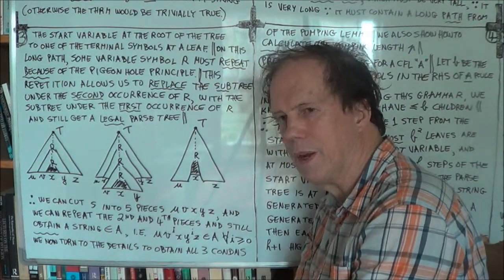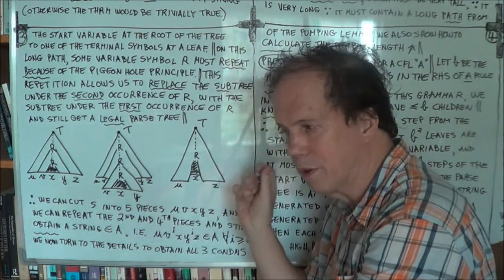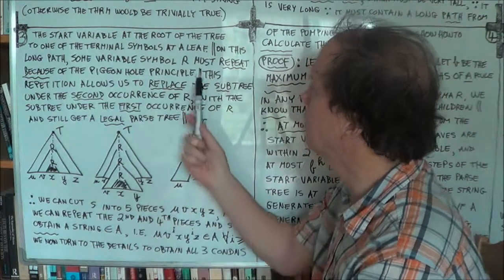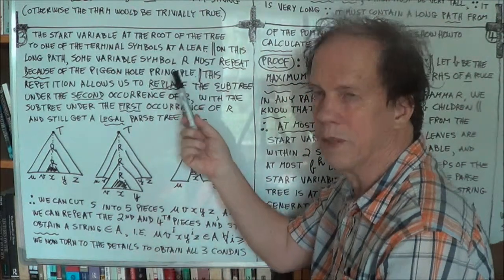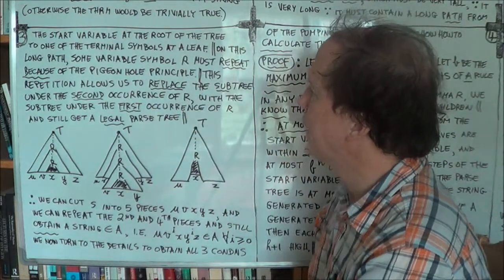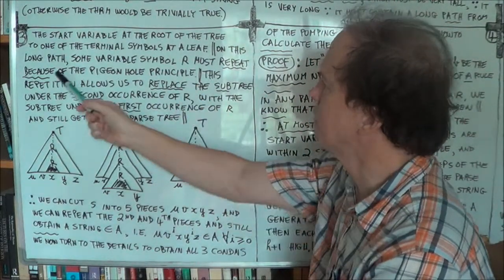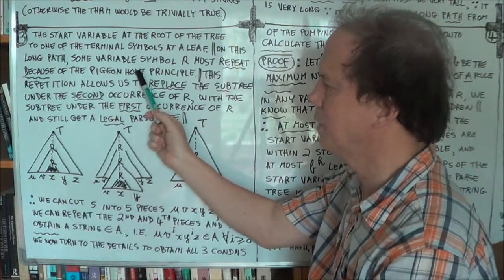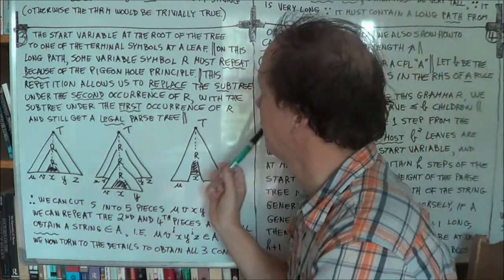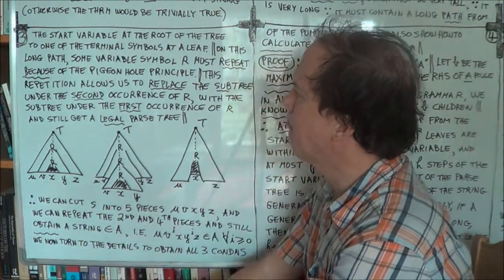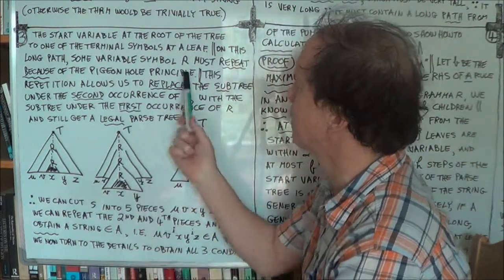That has to be, and we'll prove that. Now call that variable that is repeated big R, for repeat, I guess. It has to exist because of a pigeonhole type argument, and we'll do that in the detailed proof starting next slide.